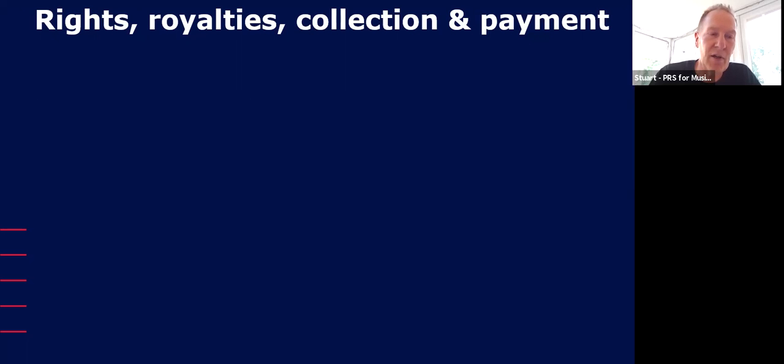The artist or the creator joins the collection society, and the collection society takes responsibility for acting on behalf of their members, i.e. the songwriters, and they license the use of the artist's songs to the broadcaster. So Radio 1 only has to deal with one collecting society, PRS. It doesn't have to deal with millions of individual songwriters.